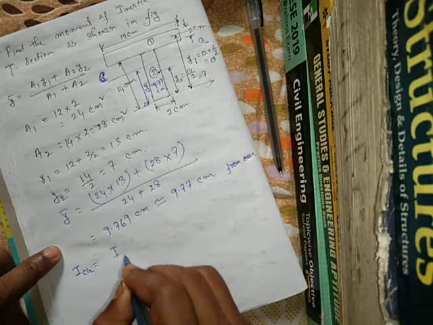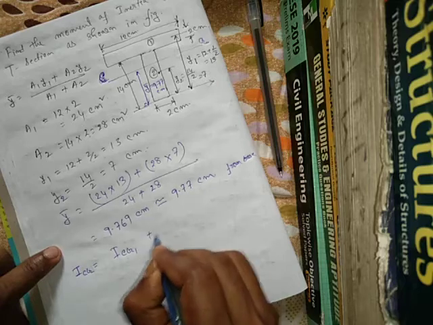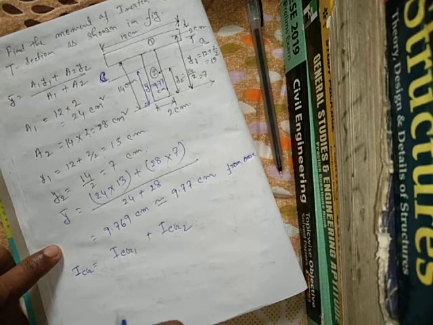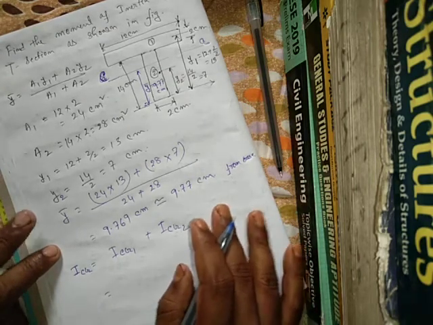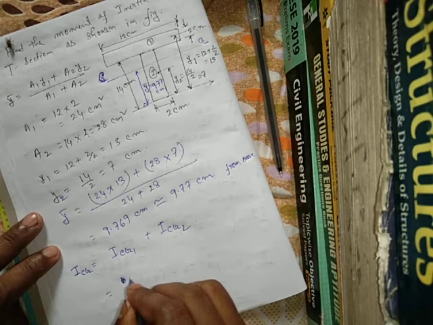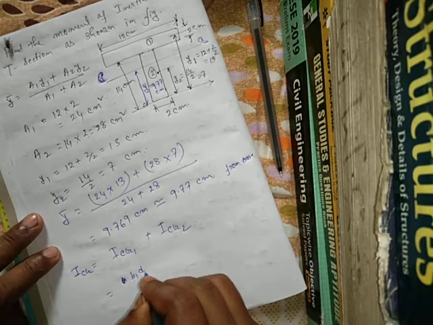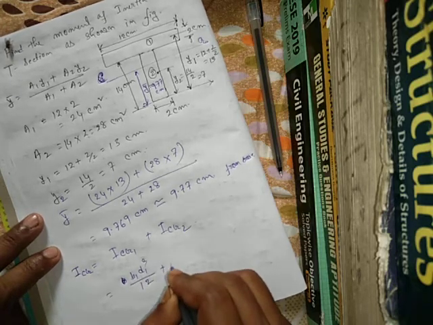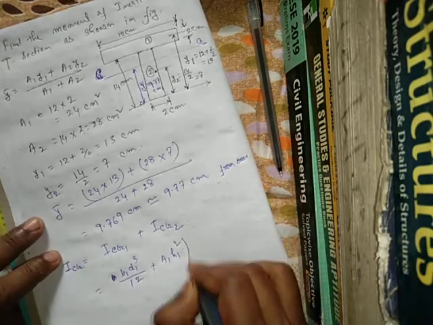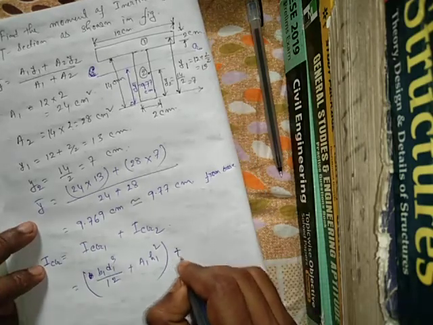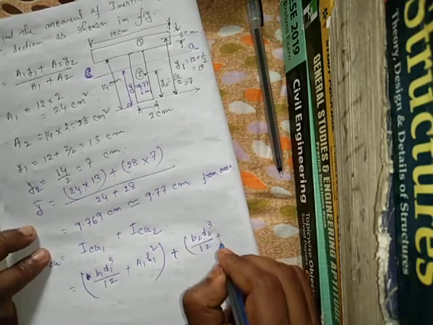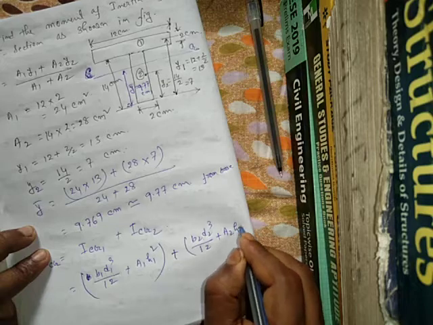I CG is equal to I CG1 plus I CG2, which is equal to B1 D1 cube divided by 12 plus A1 into H1 square, plus B2 into D2 cube divided by 12 plus A2 into H2 square.